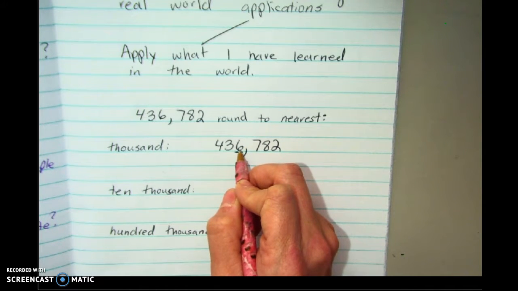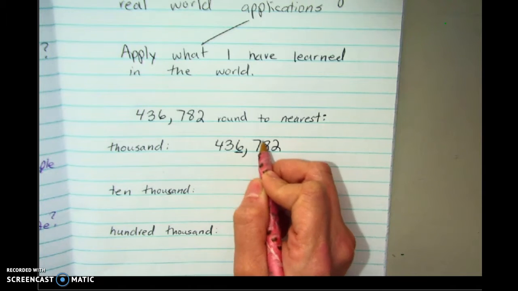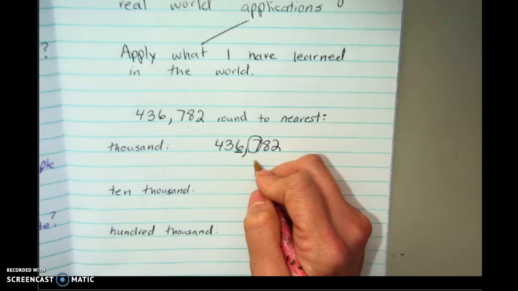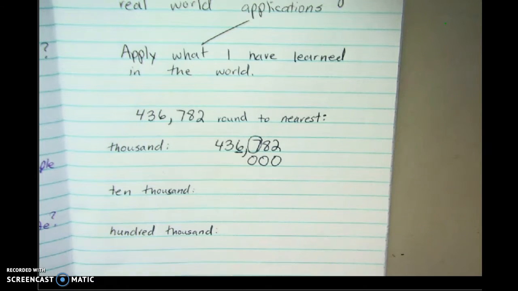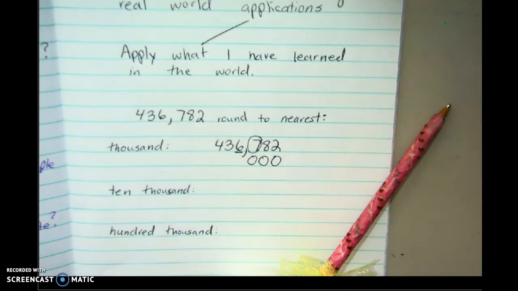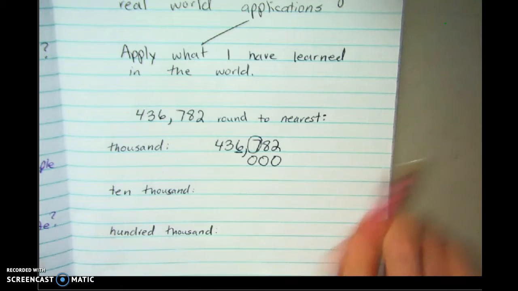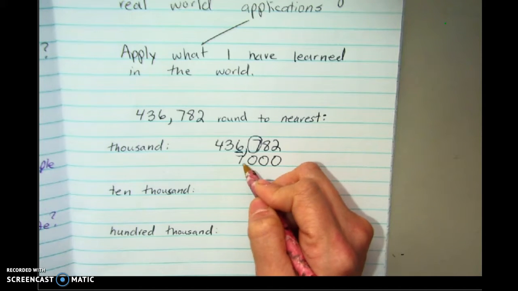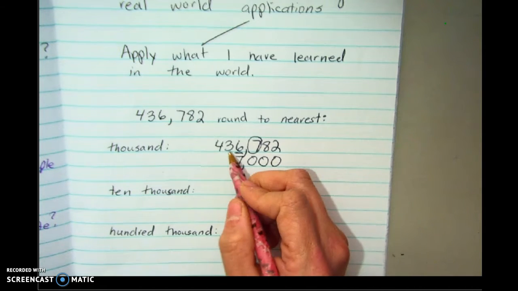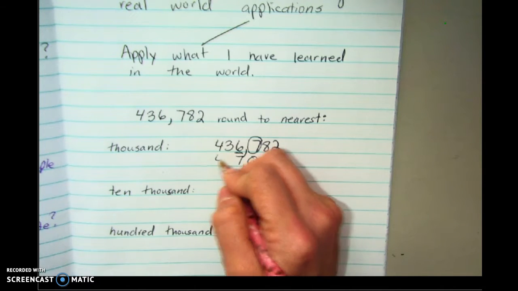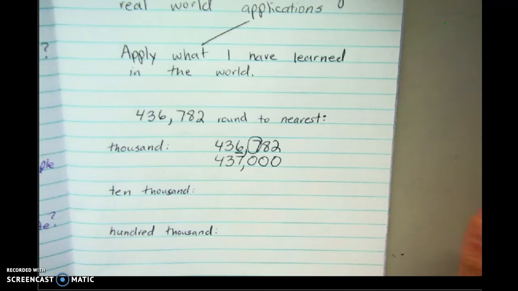So if I'm underlining the thousands, I'm going to circle the digit that's in the hundreds. Now I've circled it, so I know it's going to become a 0, and everything else is going to become a 0. The 7 tells me that it is going to go up or stay the same? Up. The 6 is going to go up to a what? 7,000. Now, what happens to these digits? According to our previous strategies, we know that they stay the same.